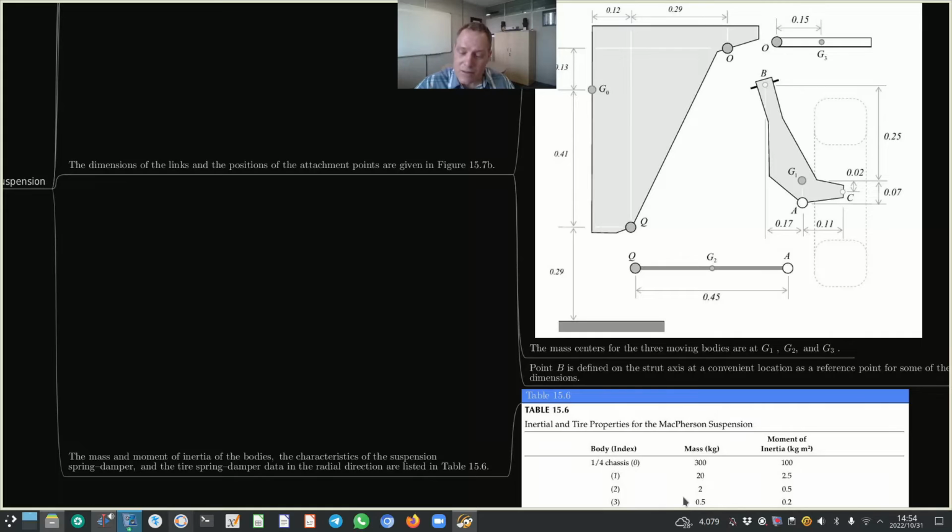The same is not true for body 2. If you represent body 2 as a revolute joint, now all of a sudden the mass of that 2 kilogram body, and its moment of inertia, is not taken into account. And that does have a slight effect, and I'll show that in today's lecture.